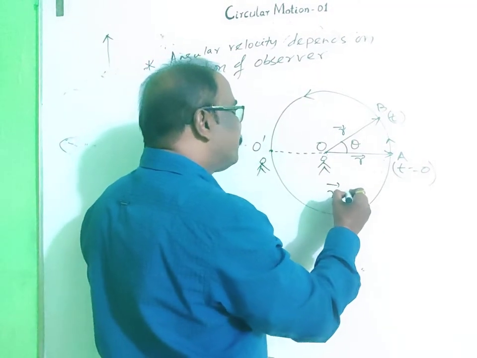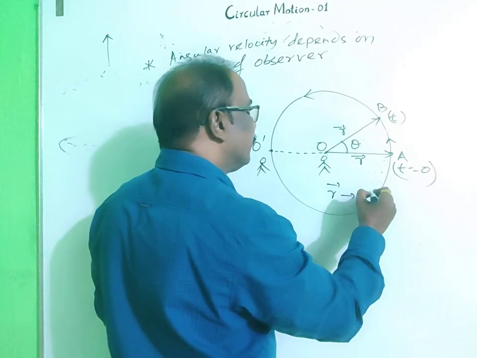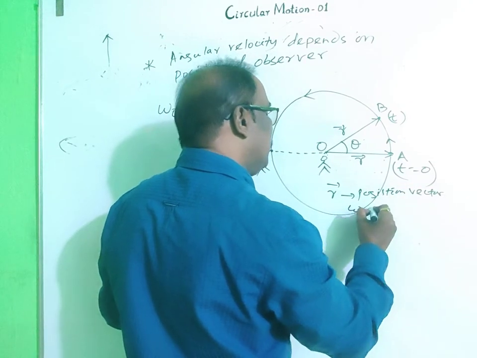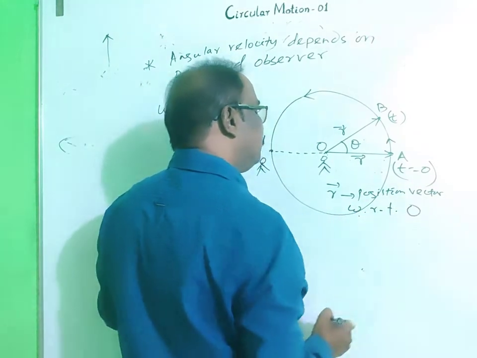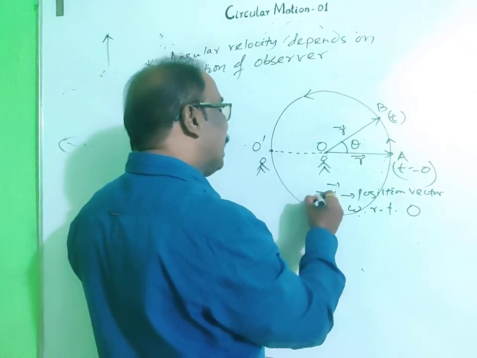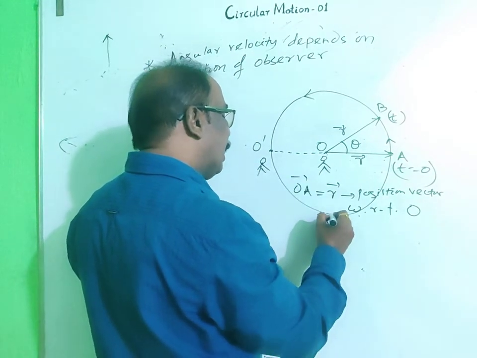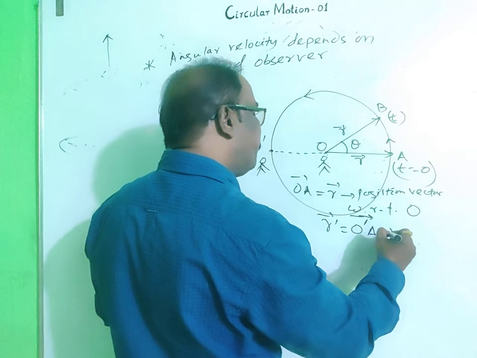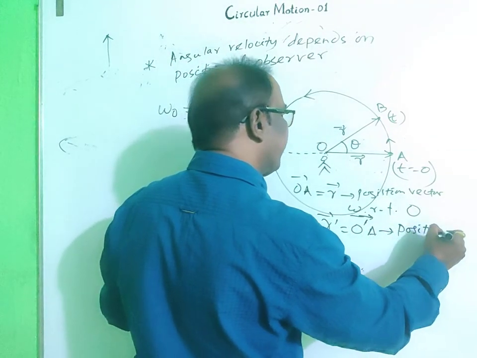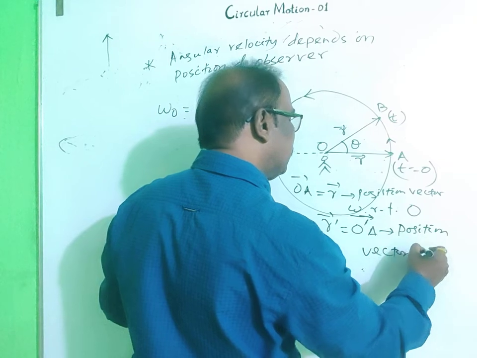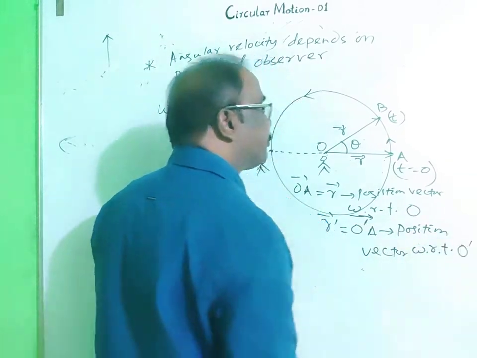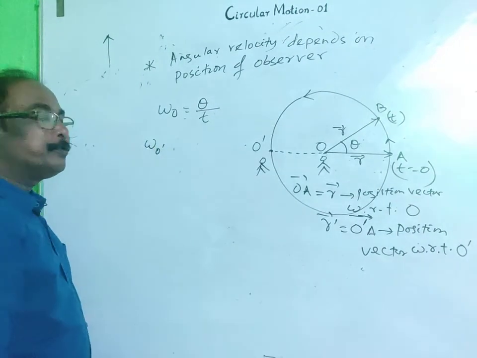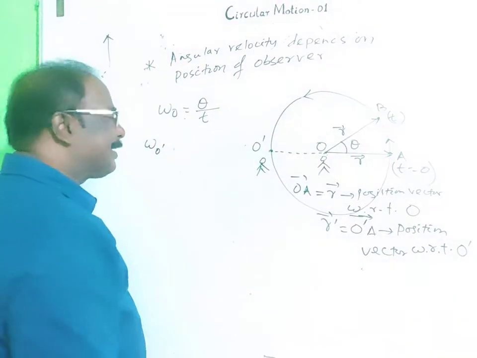So R is the position vector with respect to the center O, and R dash is the position vector with respect to O dash. Then, as observed by O dash, the magnitude of angular velocity, of course, is as observed by O dash.